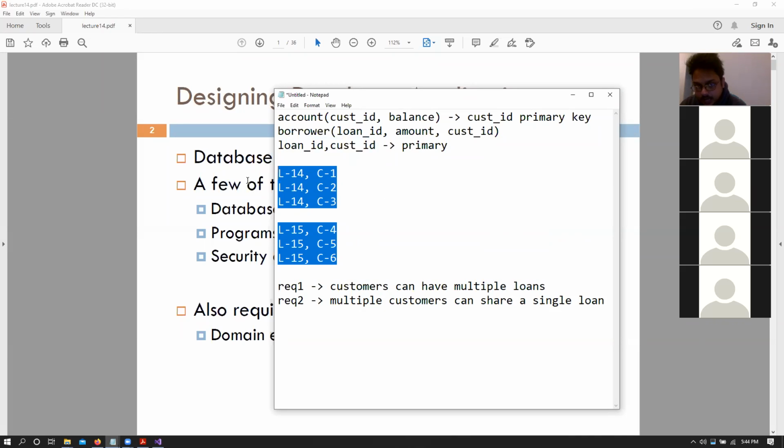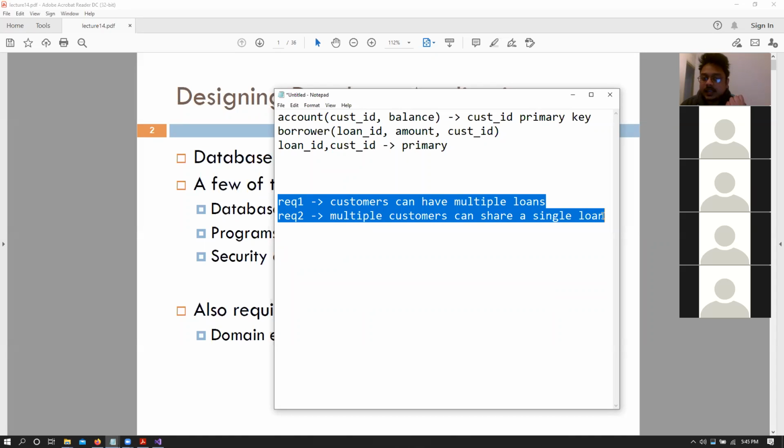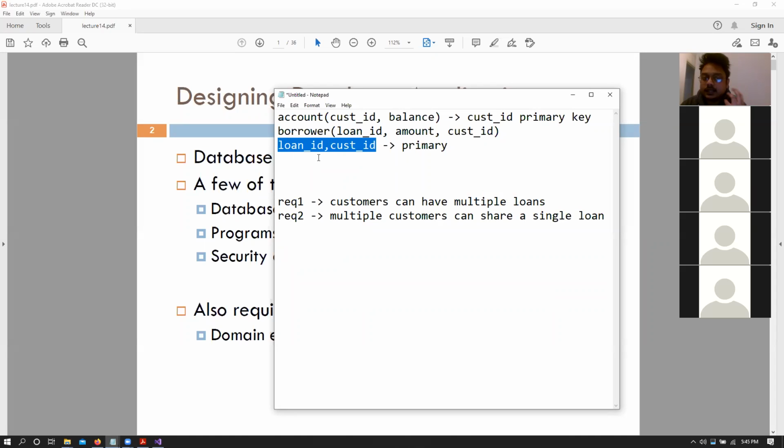So now let's forget about this. When you are designing a database schema, the domain expert says that customers can have multiple loans, and multiple customers can share a single loan. And then you as a database designer would say that both loan ID and customer ID would be the primary key.